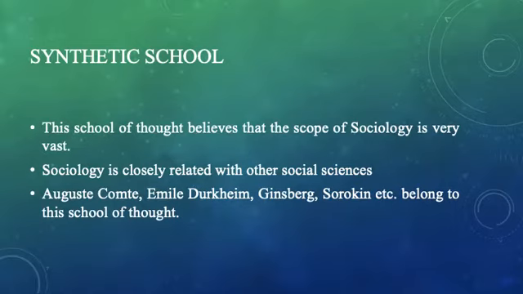Social morphology deals with specific aspects like population, size and density of population, etc. Social physiology deals with particular aspects like religion and law, as we have the sociology of religion, sociology of law, sociology of knowledge, etc. And lastly, he talked about general sociology, which studies the general aspects of sociology and its relationships. So this school of thought believes that the scope of sociology is very vast.